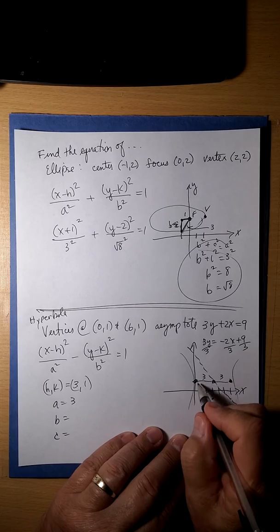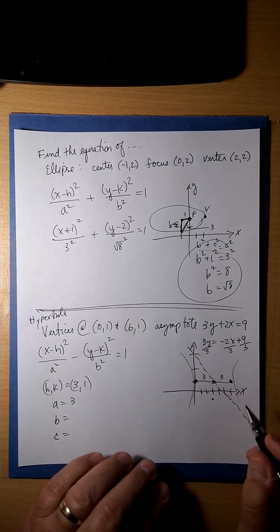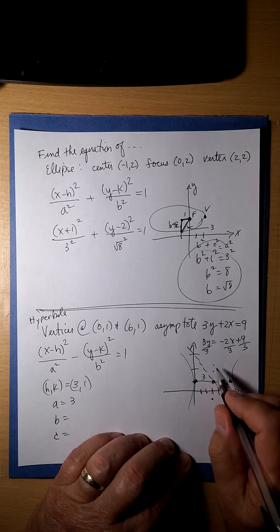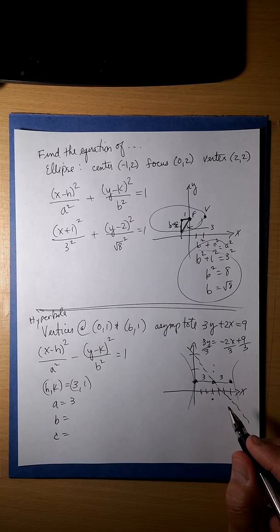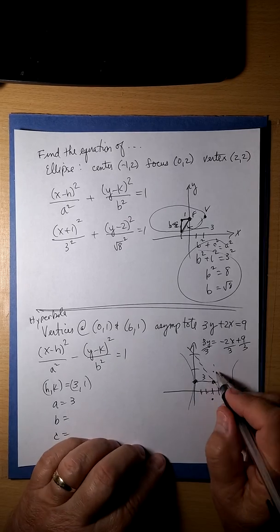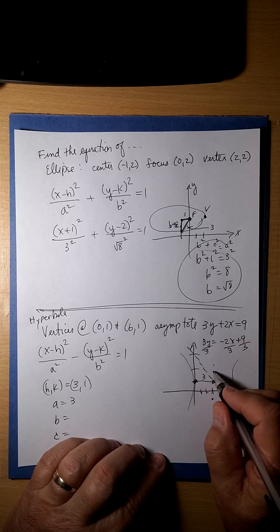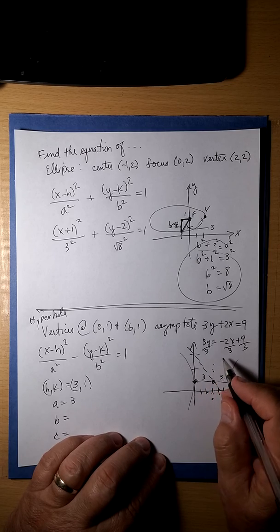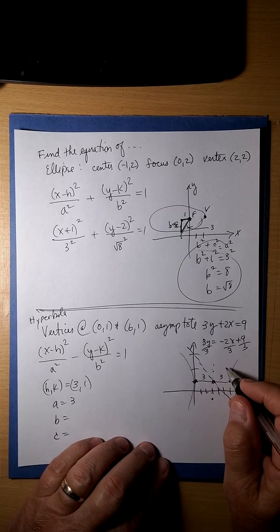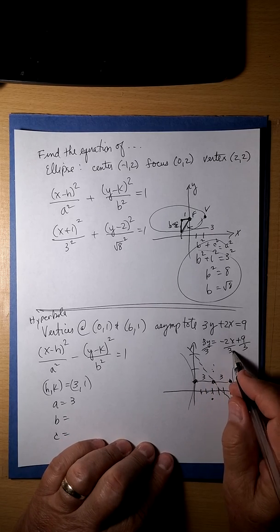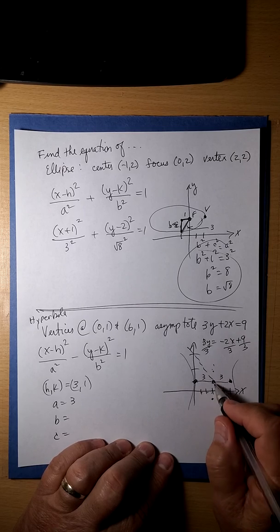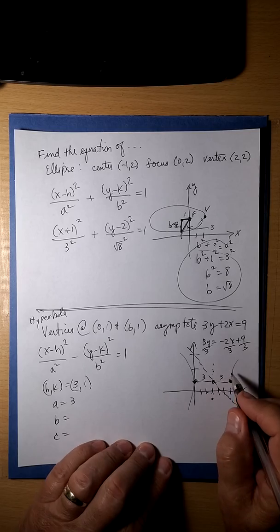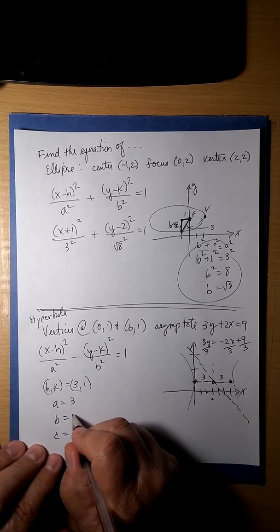Let's see if this is 1, 2, 3, and that at least makes sense. Don't go by my picture exactly. But if the slope is 2/3, then we have to be able to go up and down 2 and to the right and left 3. So b has got to be 2.